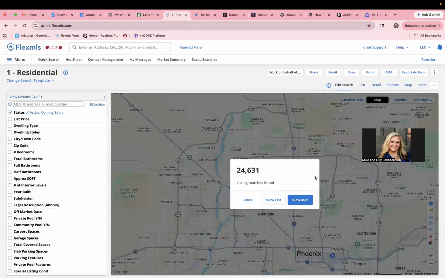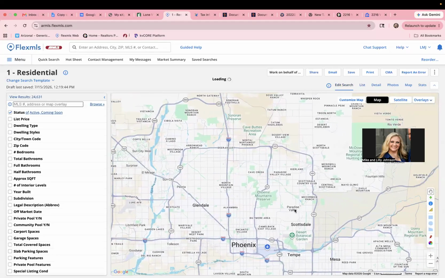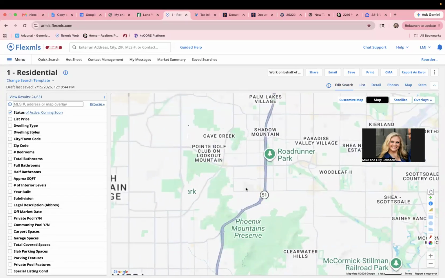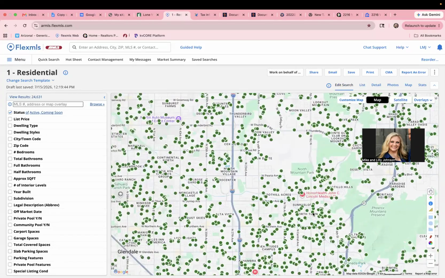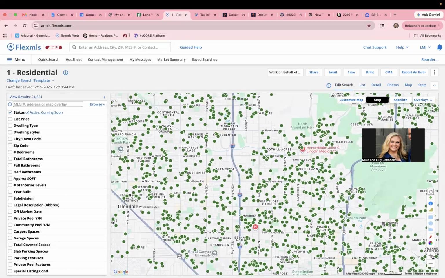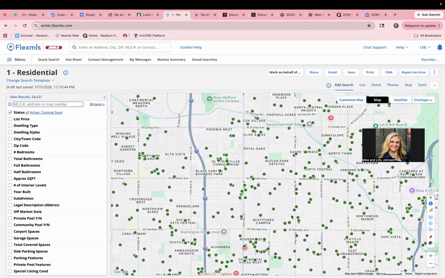Okay, I'm gonna zoom into where I know the property is. Right, or south of Northern. So what I'm trying to do here is really just think of a buyer that's going to be looking for their house, like what's going to be their area.